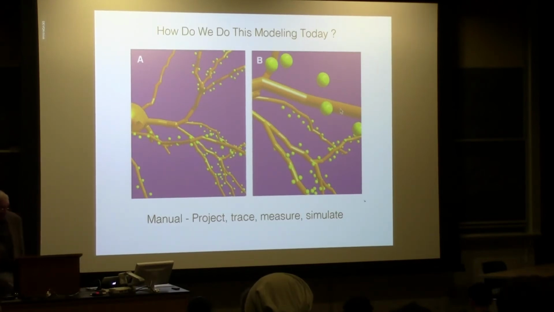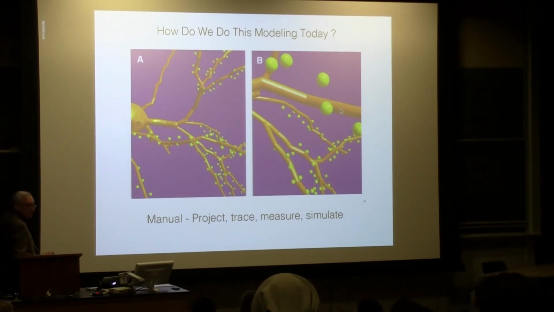Before we get into that theory, I just want to say a few words about how we approach these problems today. Here's a model of a neuron and a dendrite. Look at this branch here. It's broken up into 3 subcompartments, 3 short tubes connected together.